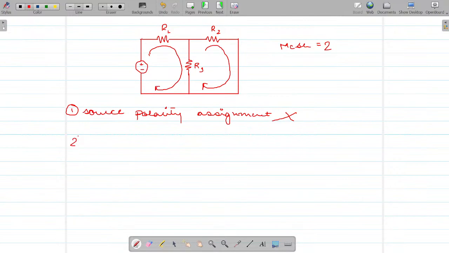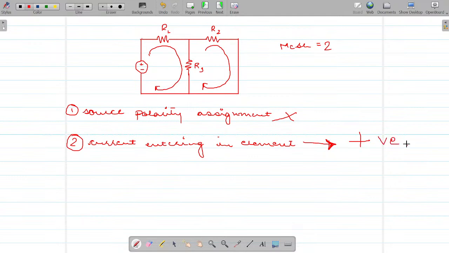The second thing you need to understand: at any element where the current enters, what is the sign assigned? The sign assigned is positive. Be very clear.